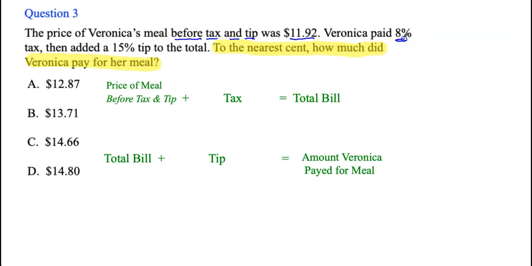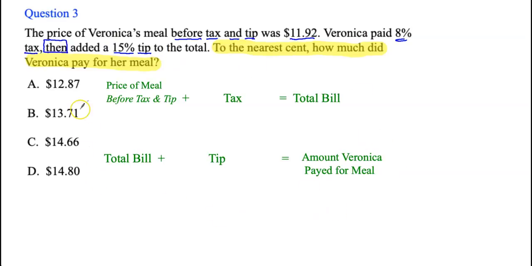Veronica paid 8% tax, then added a 15% tip. Now, I first need to figure out the total bill by adding on the tax. Then I will add on the tip. So it's kind of like two problems in one.